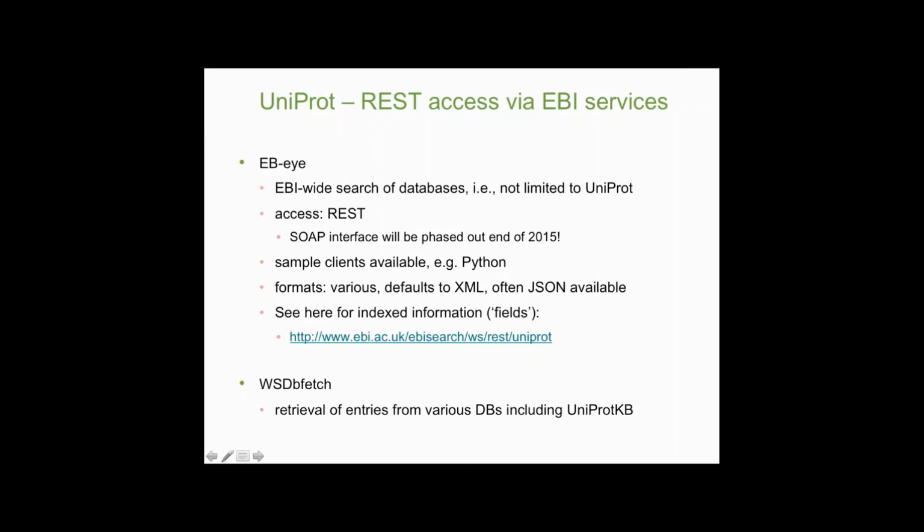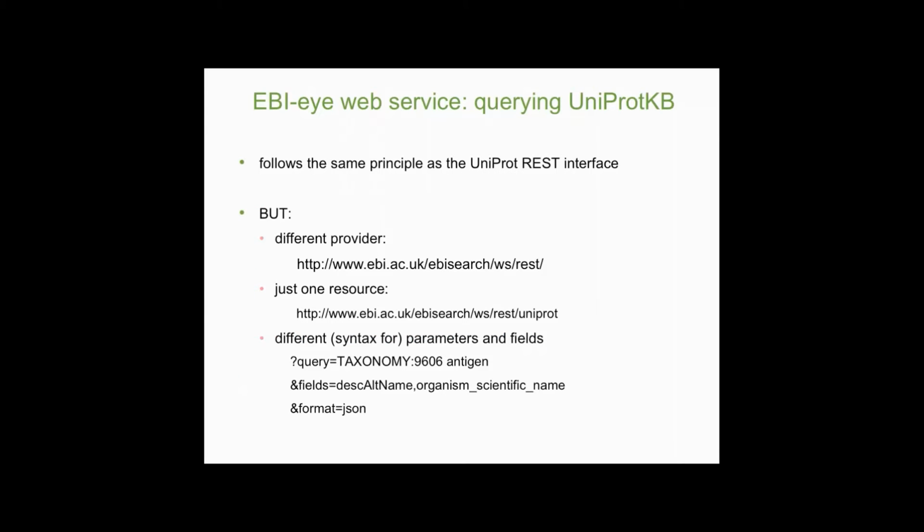There's also another service called WSDB Fetch, which if you don't actually want to run a query but instead know about entries you'd like to download, you can do this using this service. EBI-wide search follows the same principle as the UniProt REST interface, but of course there's a different provider.